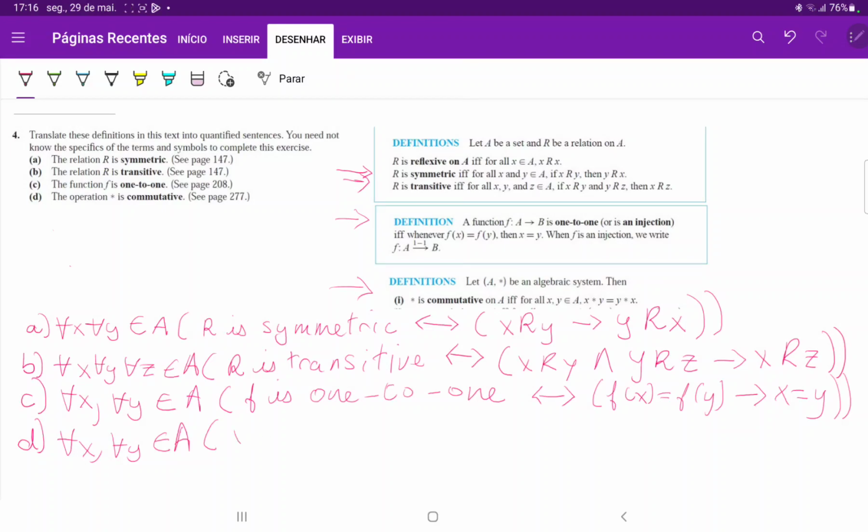Multiplication, or star if you want, is commutative on A if and only if, what is it telling us? If and only if x star y is equal to y star x. And we close our parenthesis, and that is it for our definitions.